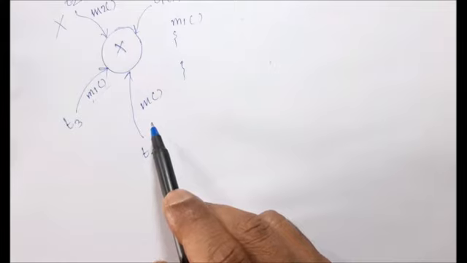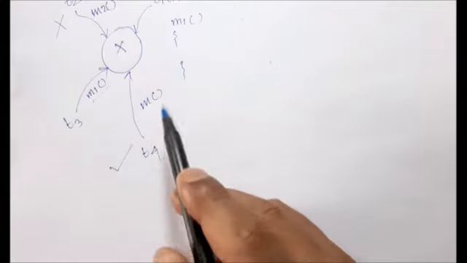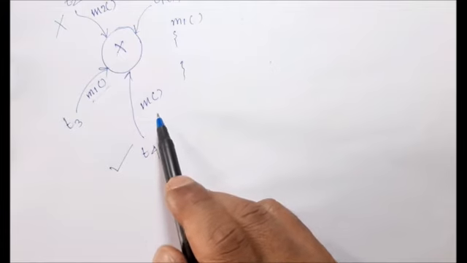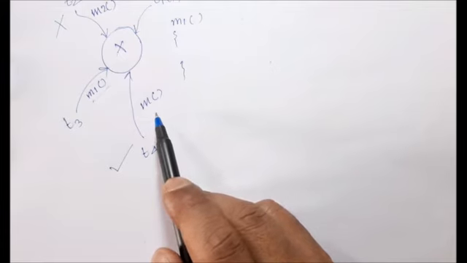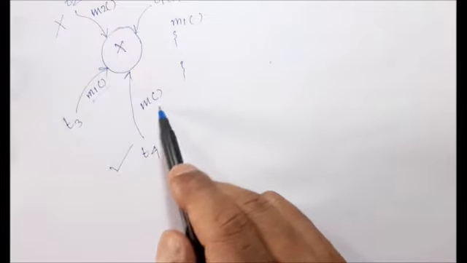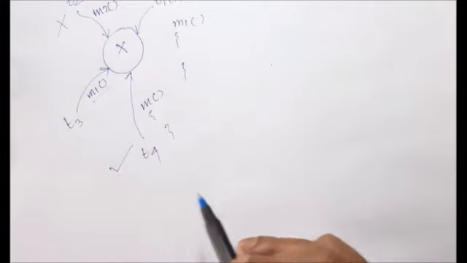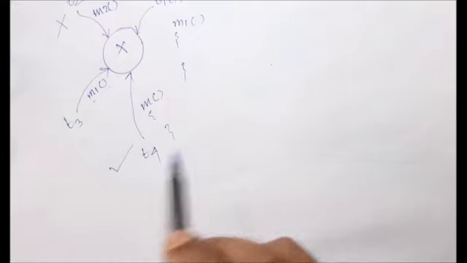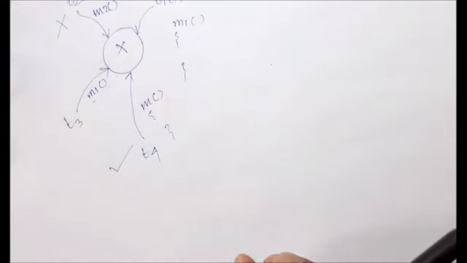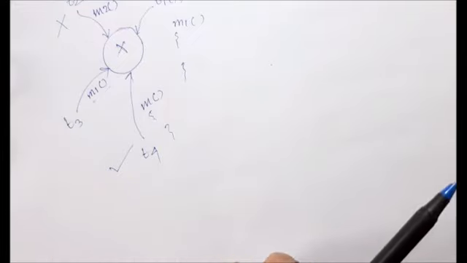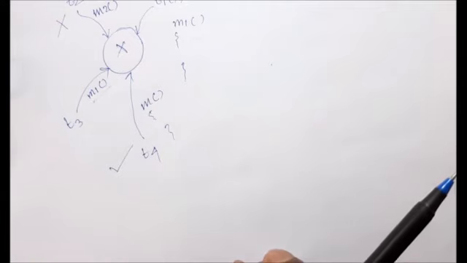Of course, it will be accessed, because this method is not synchronized. If this thread wants to access this M method, it doesn't need any lock. So from this scenario we can understand that the lock concept is very important for synchronization.